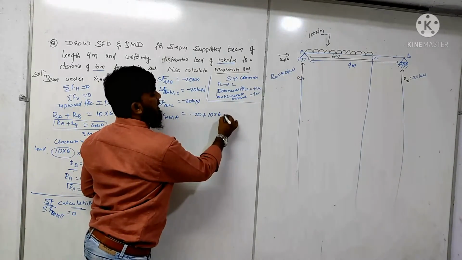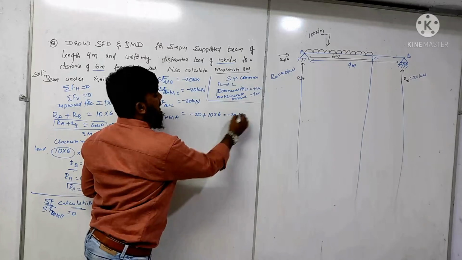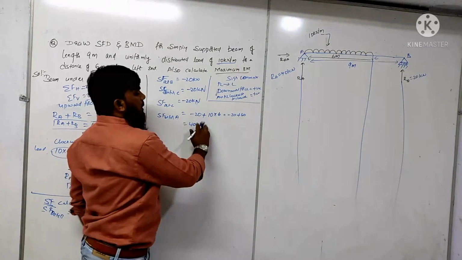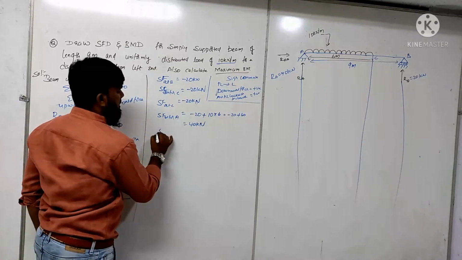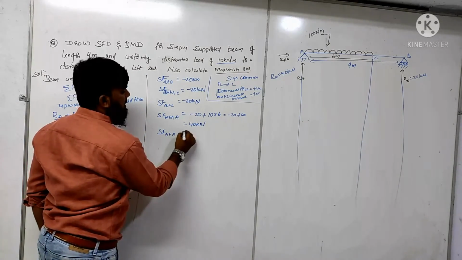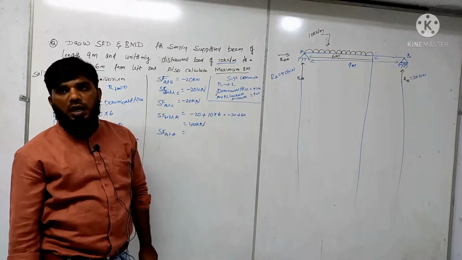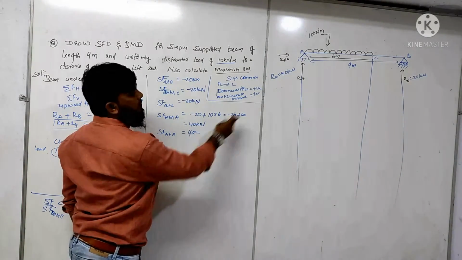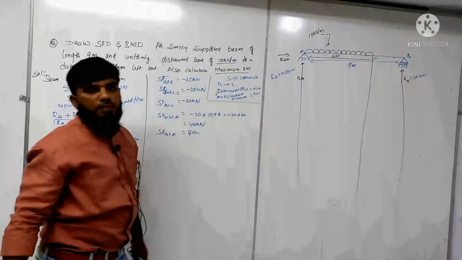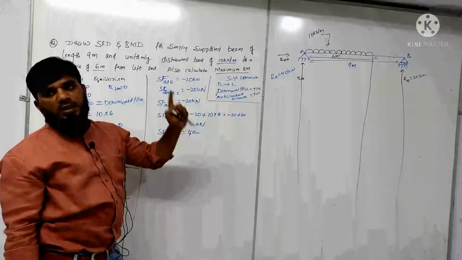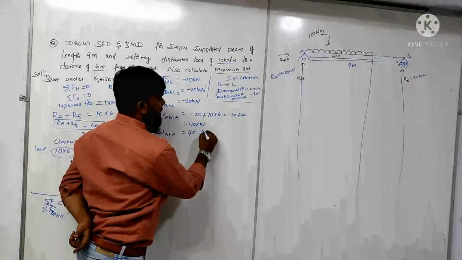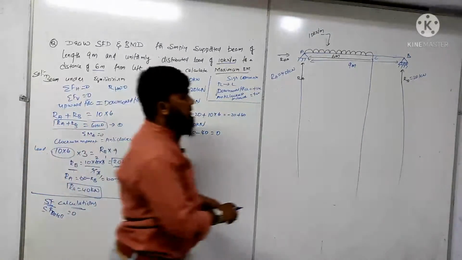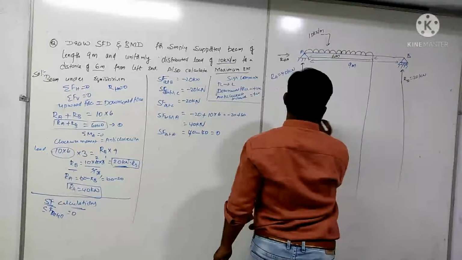So this is minus 20 plus 60, that will be equal to 40 kilonewton. Next is shear force at A. This 40 will be there, minus 40 will be acting exactly from RA, because of the upward direction. Total is 0.